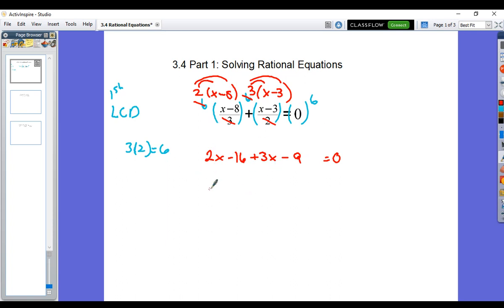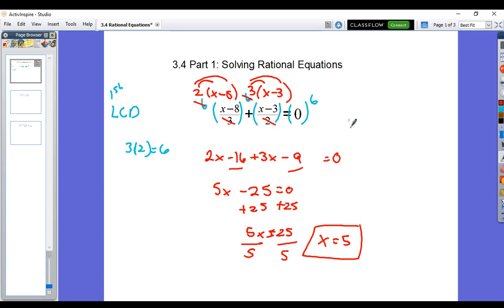So 2x plus 3x is 5x. Negative 16 minus 9 is negative 25. That equals 0. We add 25 to both sides. 5x equals 25. And then x equals 25 divided by 5. x equals 5.